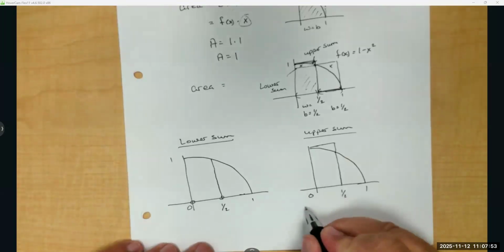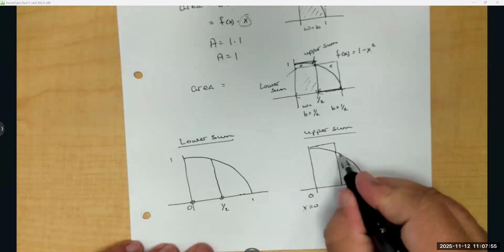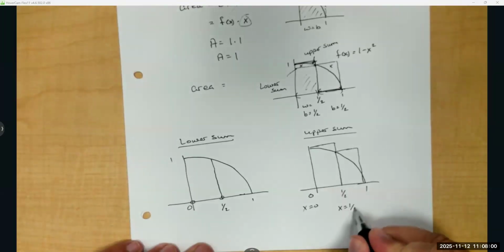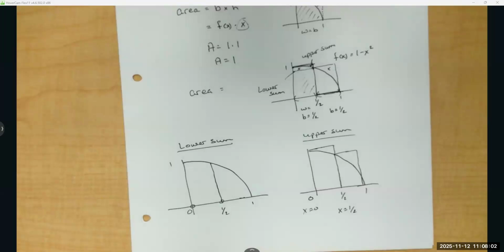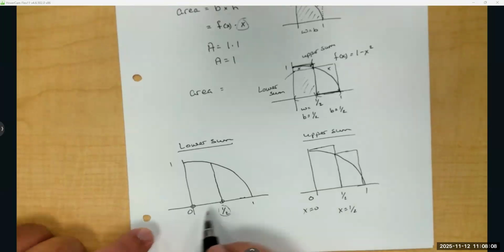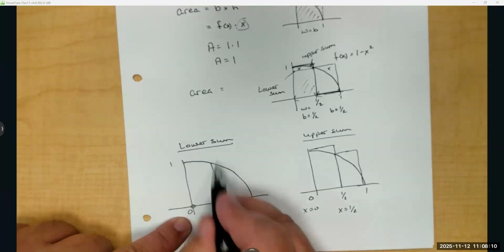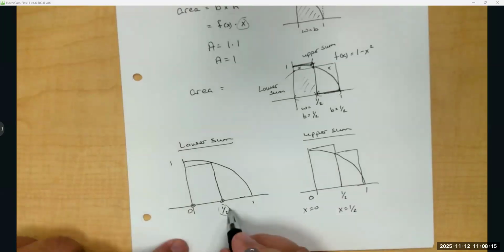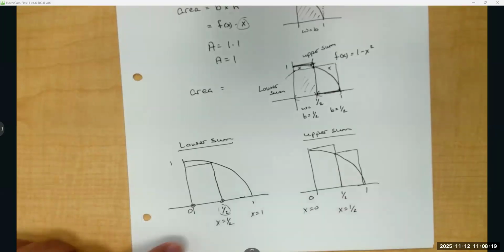So our first x value will be x equals 0, and then our second x value will be x equals 1/2. Now, if we use the lower sum, then we use the other end of this interval. We can't use 0 because that's going to give us a big one, so we've got to use a smaller one. So we have to use x equals 1/2 and x equals 1.